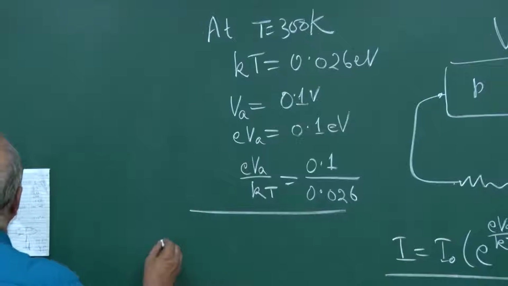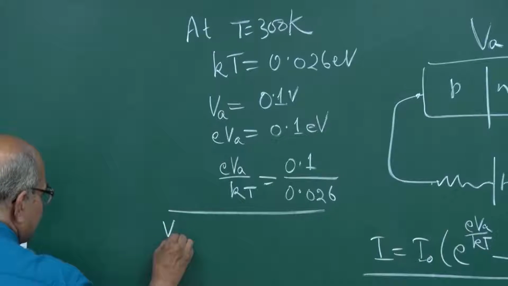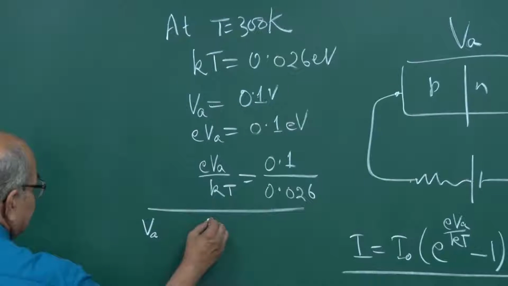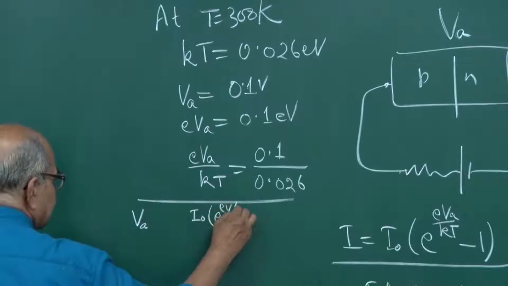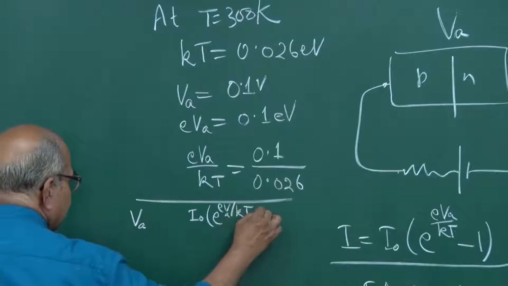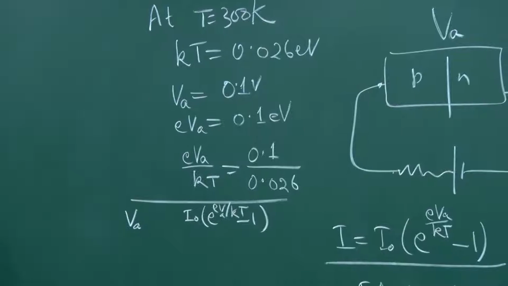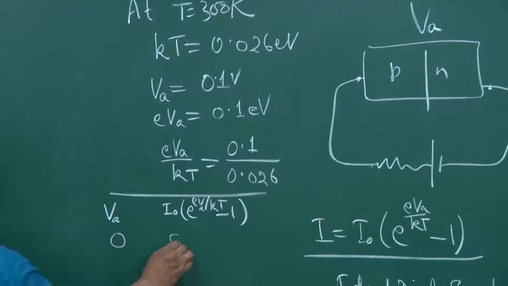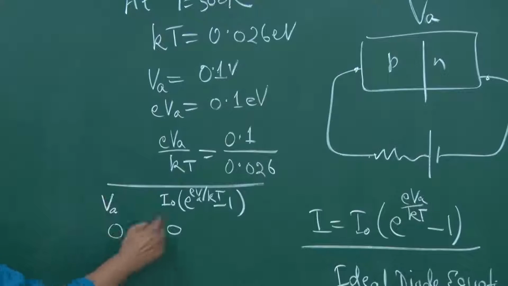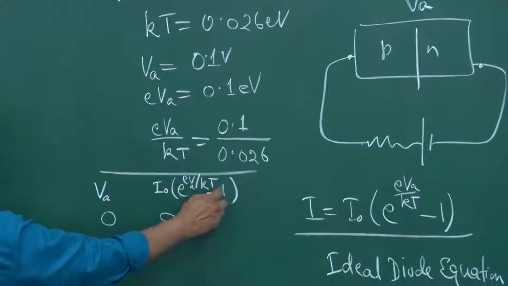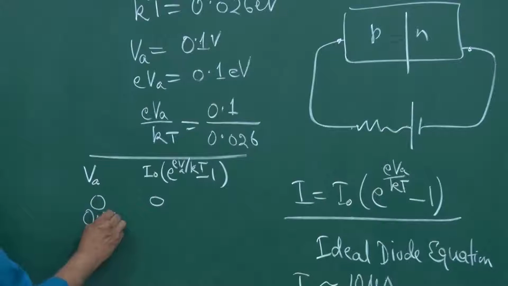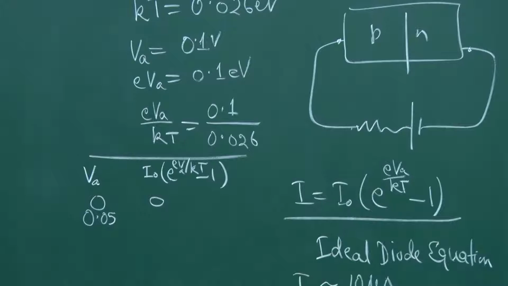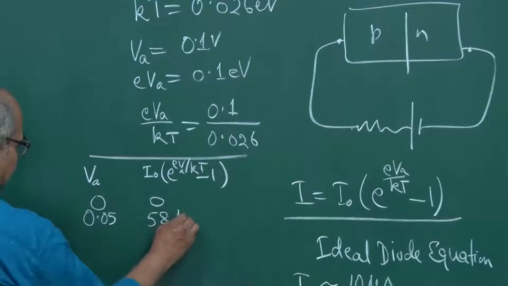If I take V here, applied voltage here, and this whole thing, I naught e to the power EV by KT and then minus 1. So, at 0 this is 0, this is fine. At VA equal to 0 you have e to the power 0 equal to 1, 1 minus 1 is 0. So, that is this. Then if you take 0.05 volt, then it becomes 46 microamperes.